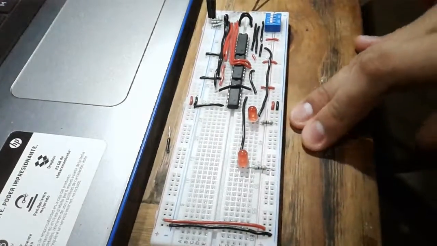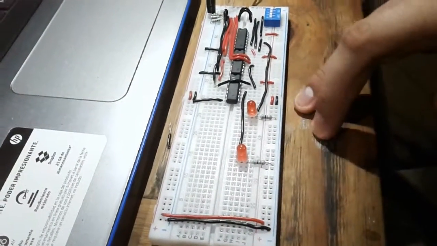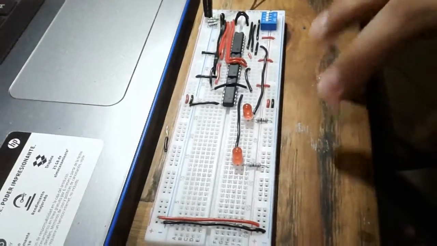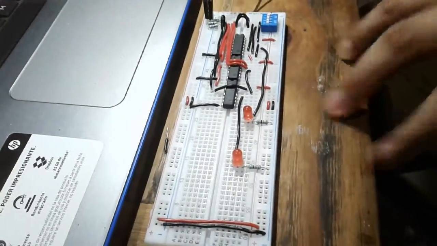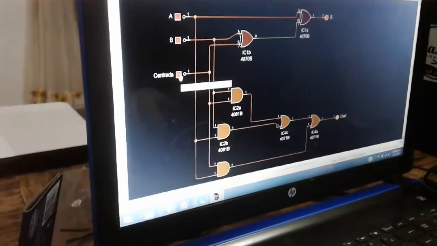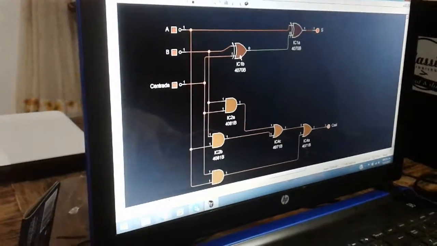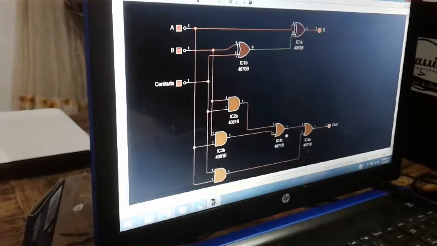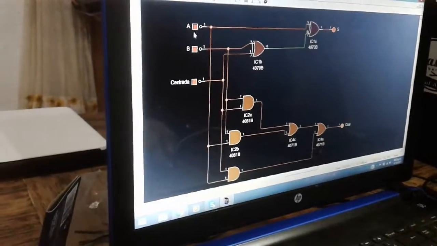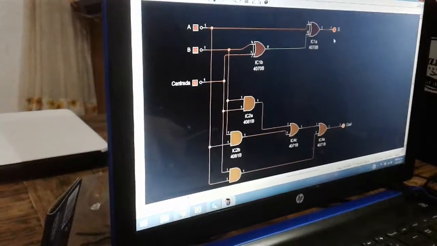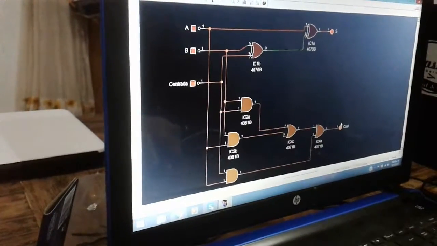We followed this diagram to connect this. And this is the XOR and OR, and this is the input, and this one is the output with S.